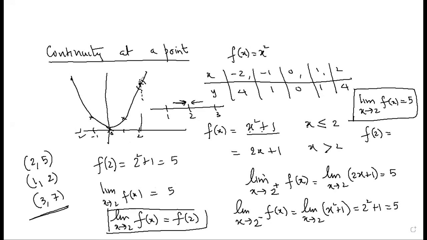So continuous means in the neighborhood of that particular number, the value of y coordinate should be same. So instead of saying the word neighborhood, we say limit as x tends to a.